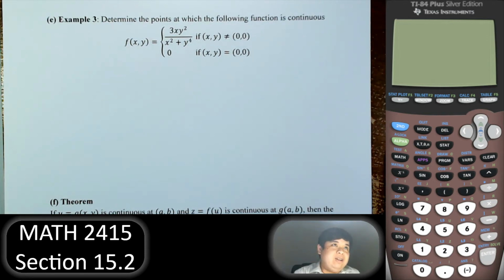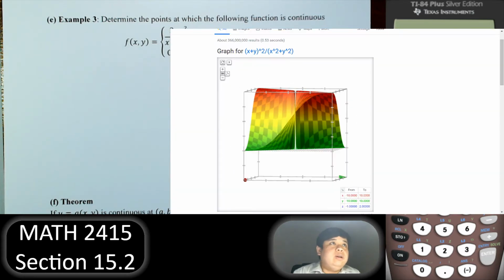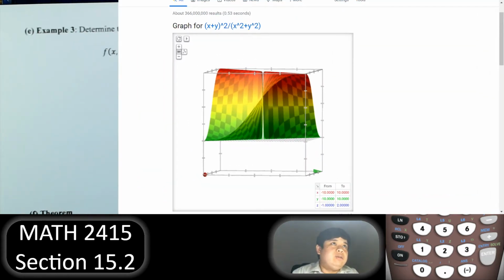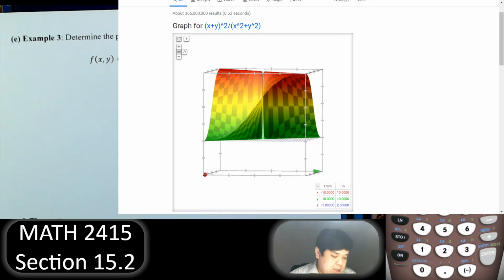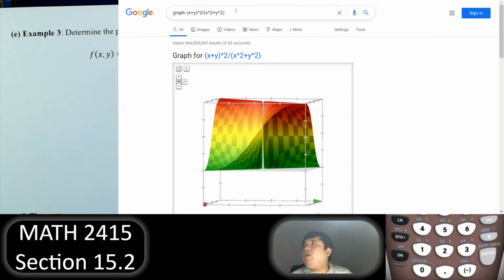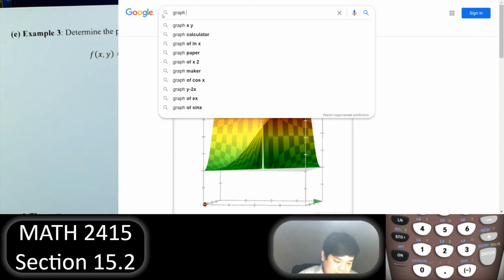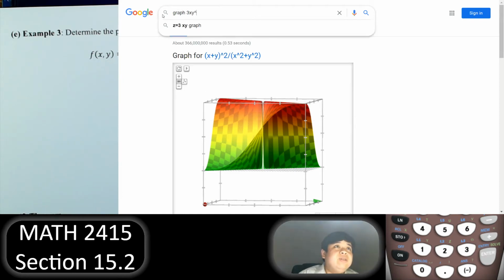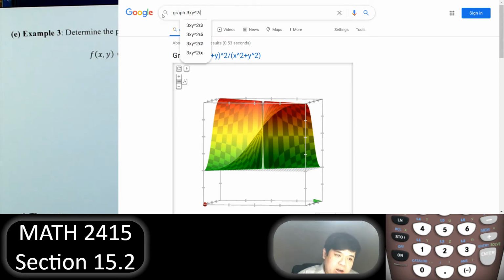I'm going to graph this function. Right, I'm going to graph 3xy squared, sorry, divided by x squared plus y to the 4th.